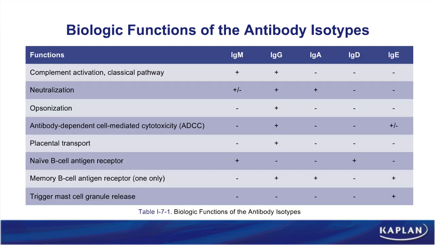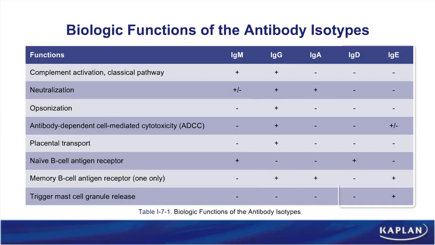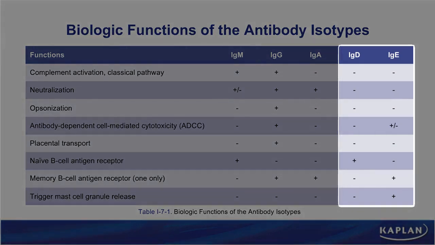As for the major biological functions of the antibody types that we've talked about, IgG is really the one that has the predominant amount of effector function. If you go down the column where IgG is, you'll see that most of the pluses are in this column. Compare that to something like IgD and IgE, and you'll see that IgG definitely has most of the effector functions.